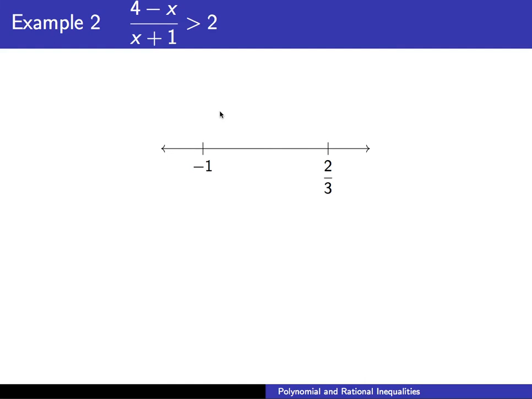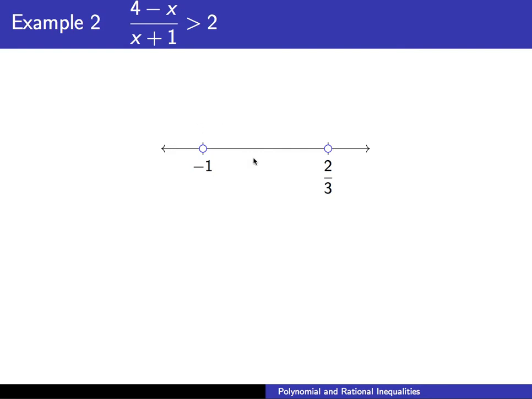Before we test out some values on our number line, let's look at the negative 1 and 2/3. We know that negative 1 has to be an open circle because it causes the denominator to equal 0. If we plug in 2/3 for our expression, we actually get 2 greater than 2, which is not a true statement. So because plugging in 2/3 for x does not give us a true statement, we have to use an open circle for that.